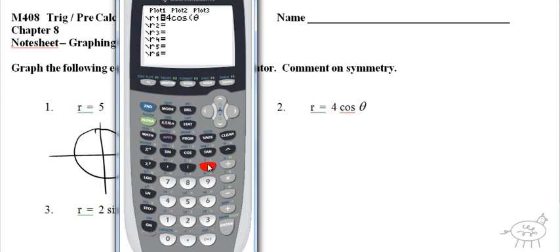Close parentheses, it's a good habit. Once again, if I hit zoom 6, that at least brings it into what you should see here. It's kind of small, so again, I like zoom 6. I like zoom fit, and you can just type in 0 because I know zoom fit is 0.